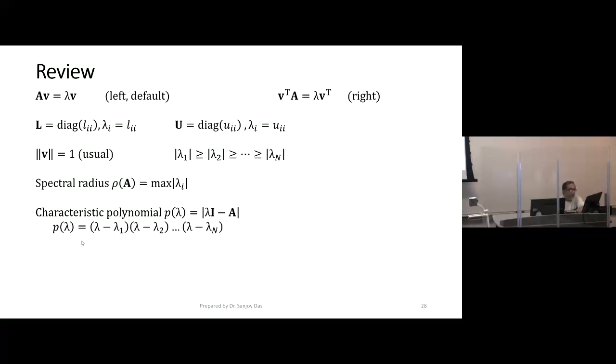If I use non-unique indexing, then I can write it as lambda minus lambda 1 to the mu 1, lambda minus lambda 2 to the mu 2, and so on. Suppose mu 1 is 2, then lambda 2 is actually the same as lambda 1 here. Okay, don't get confused.